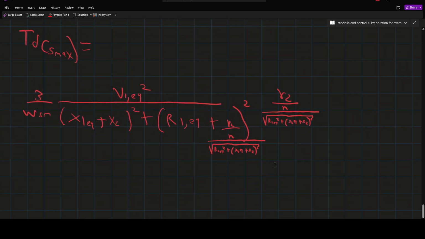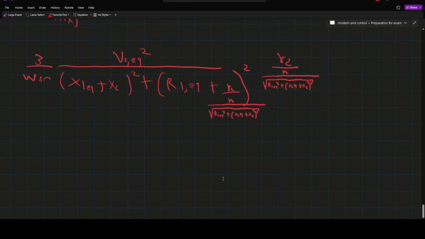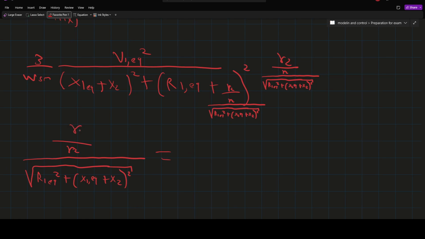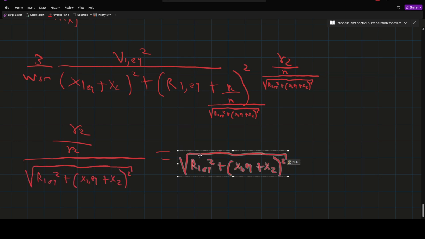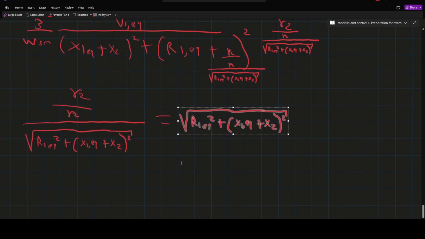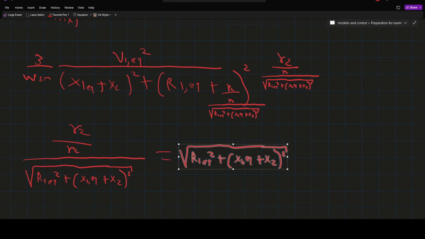And now we can say that R2 over S max is equal to just this. Okay, so now we can change our equation so it has this.